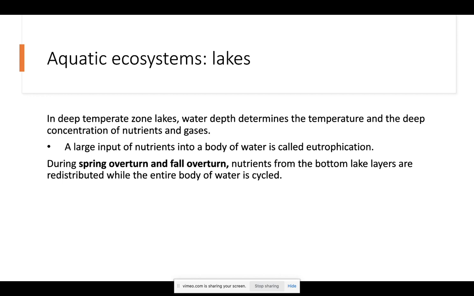This is when nutrients from the bottom of the lake layers are redistributed. So, a redistribution of nutrients can occur, and that's called spring overturn and fall overturn. The entire body of water is cycled. I didn't go into specific details on that, it's a little bit too complex for us, but I thought this was a cool tidbit.